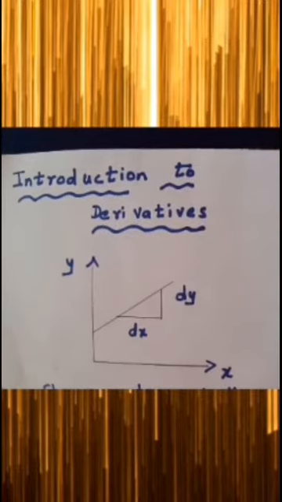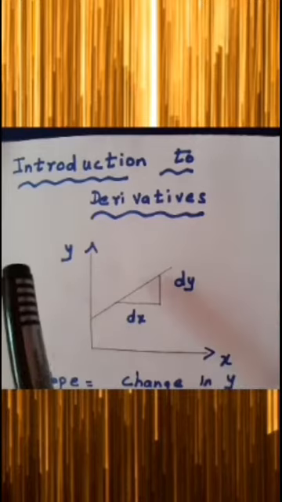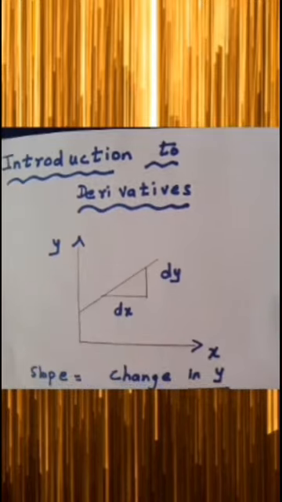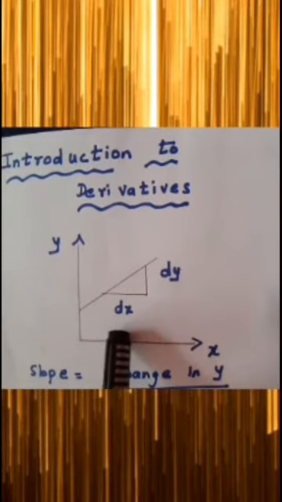Introduction to derivatives. You can see a graph. You have the x-axis, the y-axis, and I have drawn a straight line here. The change in x value is represented by dx, or you can say delta x.